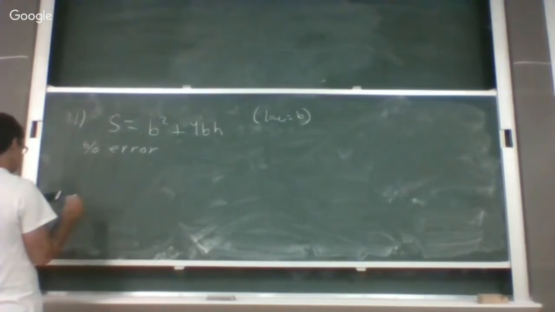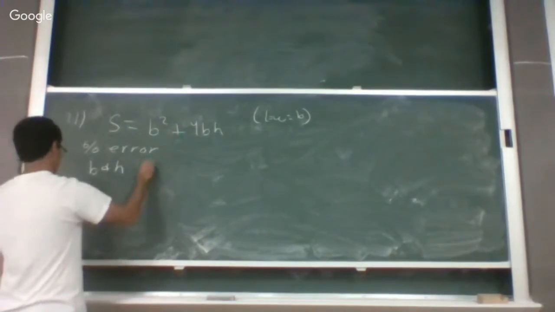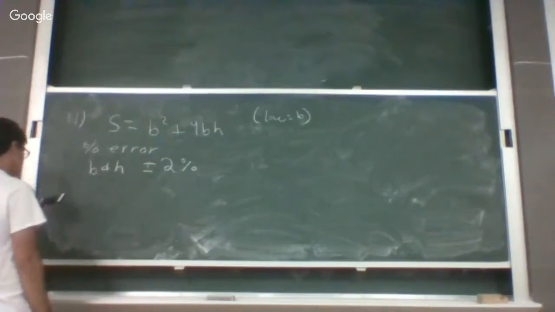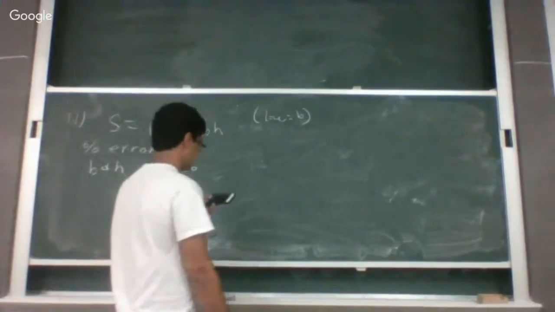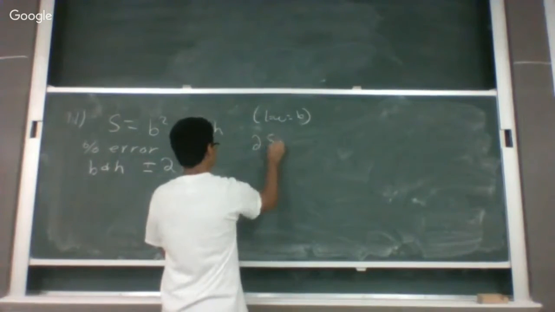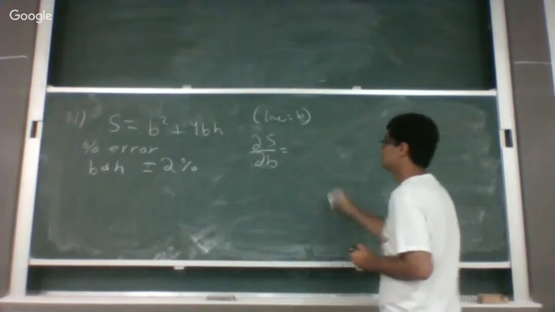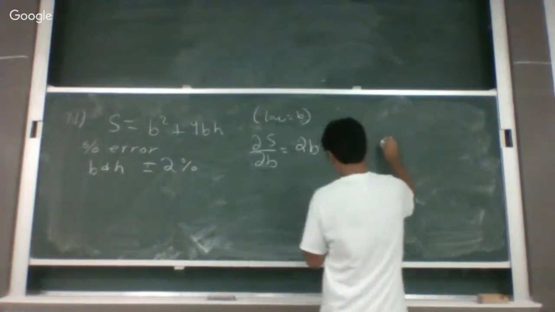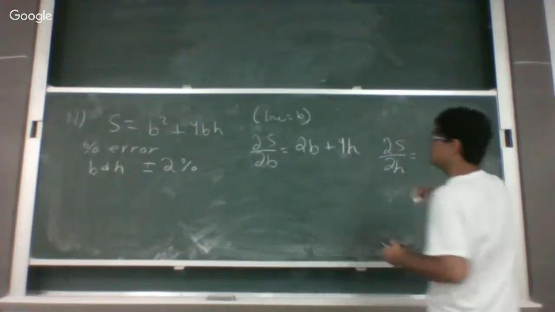B and H can be measured within plus or minus 2% of their actual value, okay? So the first thing that they ask for is the partial of S with respect to B. And what would that be? 2B plus 4H. We have to find the partial of S with respect to H. What would that be? 4B.